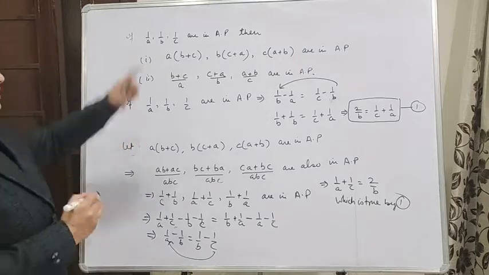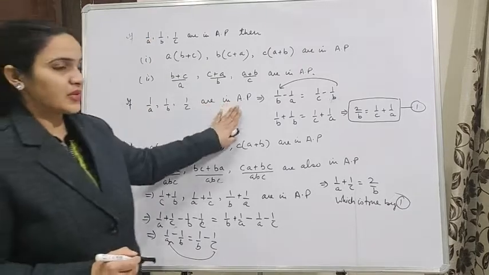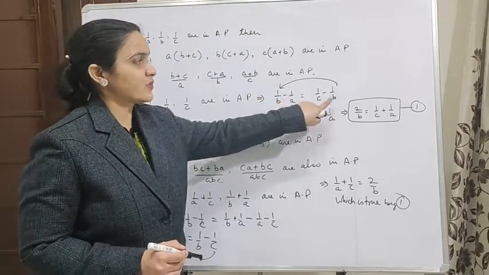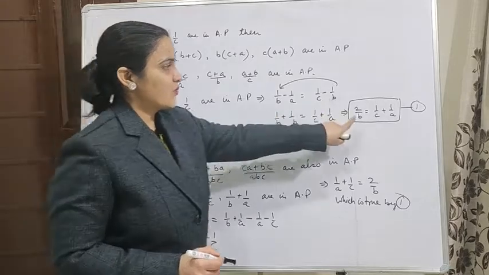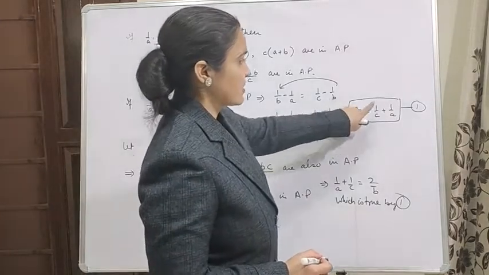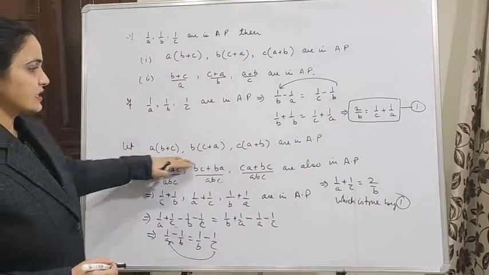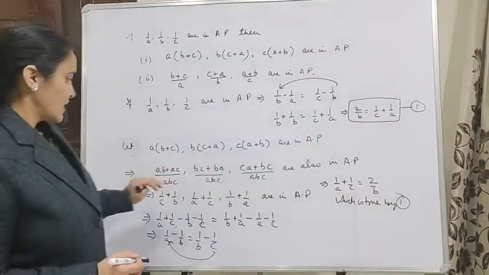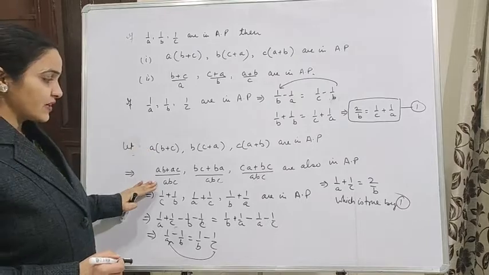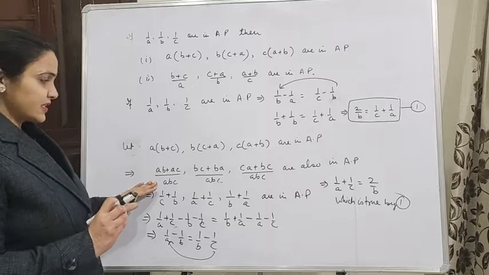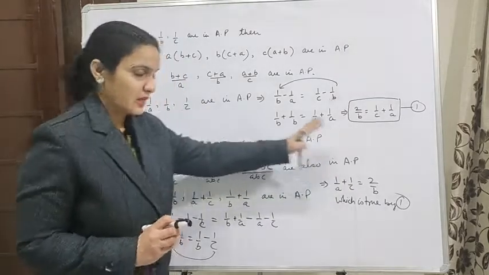What have we done? We have used this. Let these are in AP. If they are in AP, then the difference between second with first and third with second should be equal. We get a relation that is 2B is equal to 1 upon C plus 1 upon A. Let us now take these terms. Let these are in AP. If these are in AP, then if we divide these terms with the same constant, they will also remain in AP.